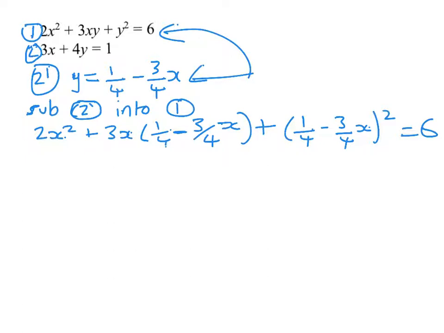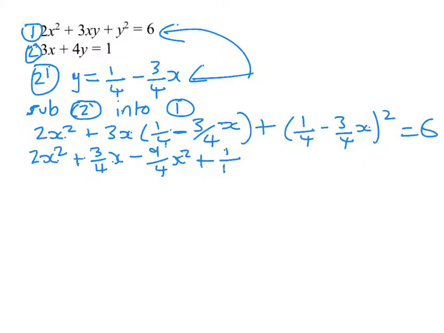Well, let's expand everything. So I get 2x squared plus 3/4 x minus 9/4 x squared plus, and then that's the square of the bracket. If I square that, I do 1/4 minus 3/4 x times 1/4 minus 3/4 x.